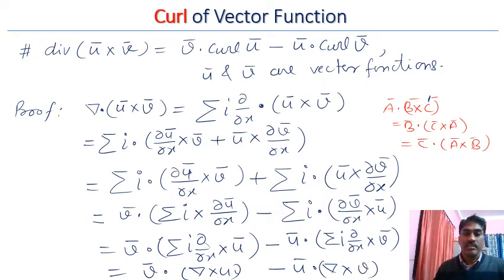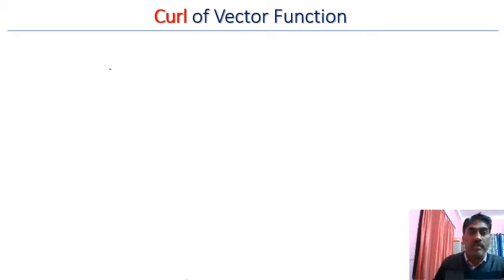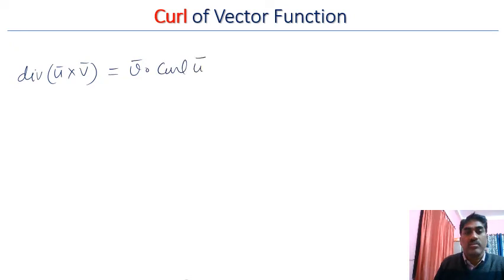This is curl u, this is curl v. So we have obtained that the divergence of u cross v is equal to v dot curl u minus u dot curl v. We have proved it.